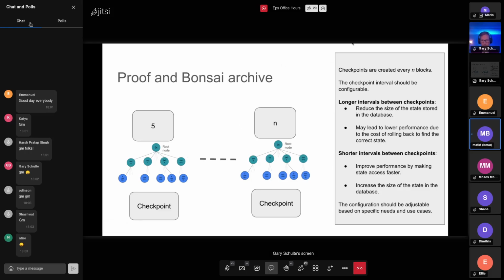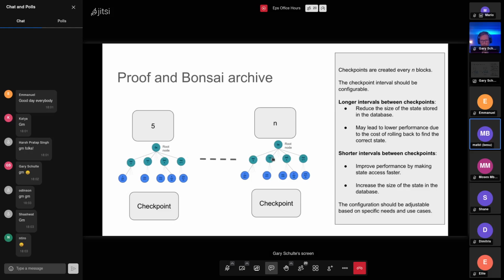So it will be better if you don't want to have a large database size. But the performance will be lower because, as your checkpoint distance will be bigger, you will have to do more rollback or roll forward in order to recreate your state.